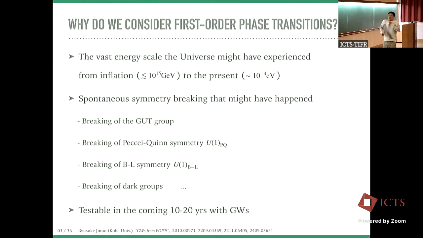In order to solve particle physics problems and cosmological problems, we sometimes need spontaneous symmetry breaking, like the breaking of the GUT group, the Peccei-Quinn group, basically a global U(1), and also the breaking of the B-L symmetry, or dark matter might be produced from the breaking of dark groups. So let's keep an open mind and think about spontaneous symmetry breakings. Some of them might have been first order. So it's not a bad idea to consider first order phase transitions.